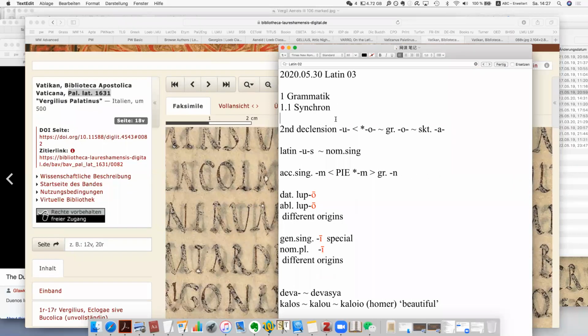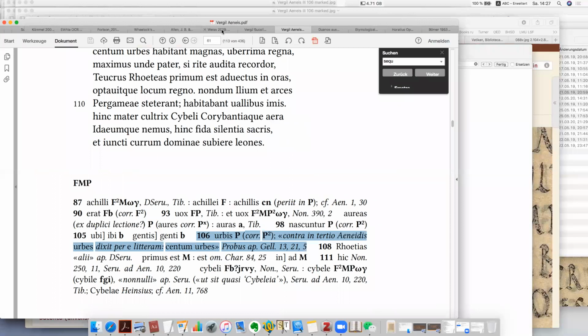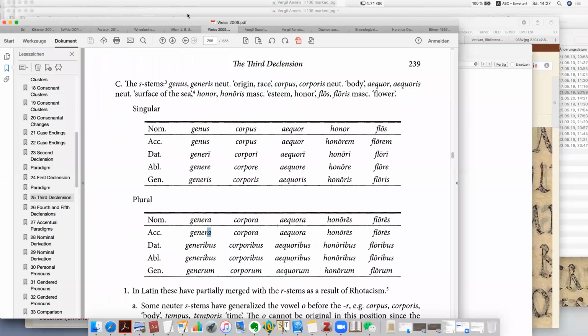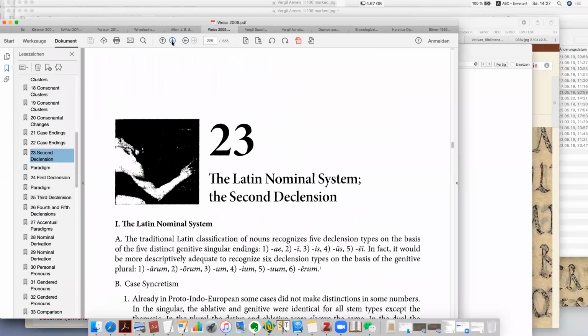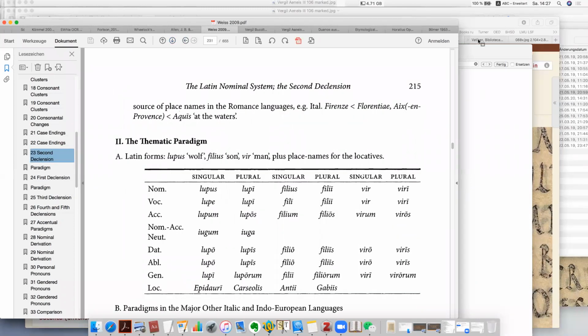So today we talk about first the grammar, and we introduced the three declensions in Latin, right?